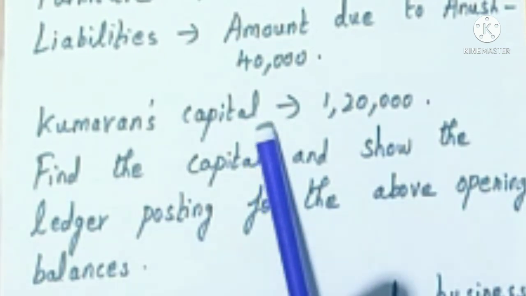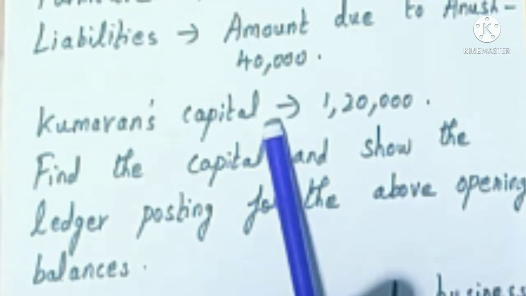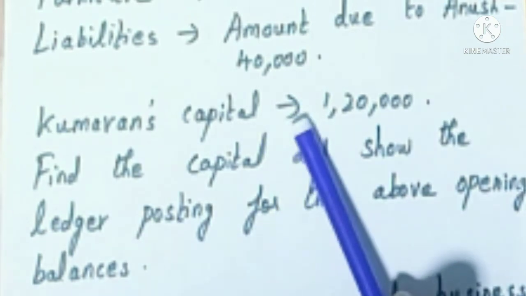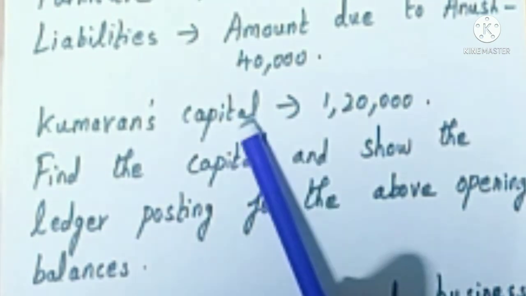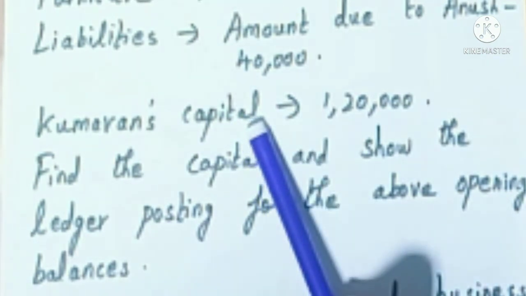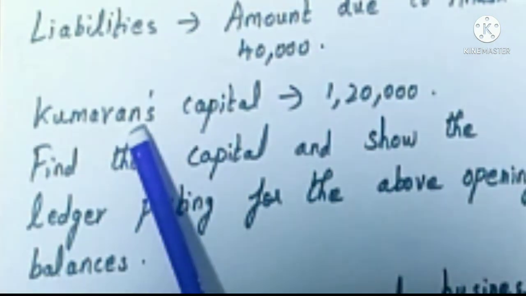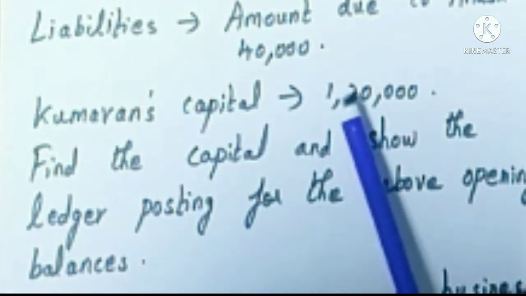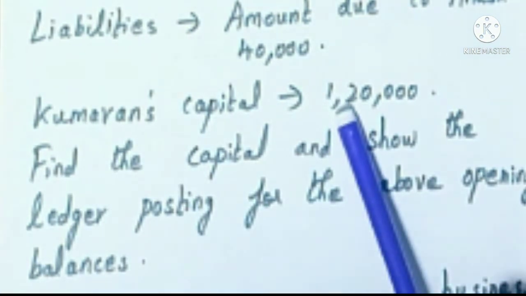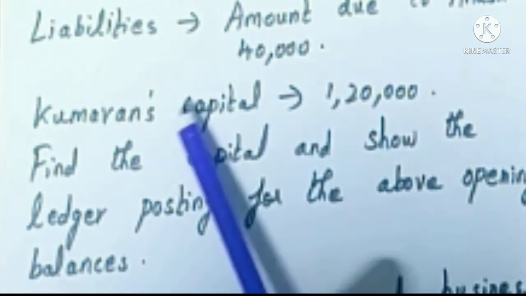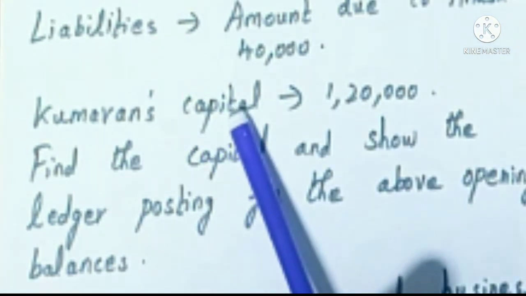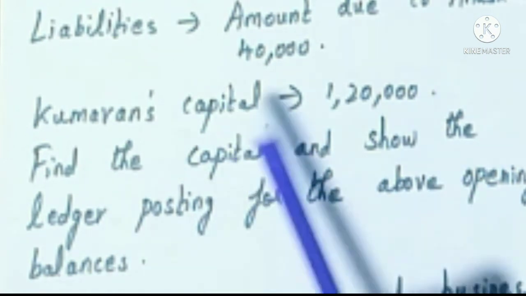This is because of the separate legal entity concept. That means the business and the owner are separate persons. Even if the owner has contributed capital to start the business, he is like an outsider to the business. That means the business owes money to Mr. Kumaran to the extent of 1,20,000 rupees. So increase in liability should be credited. That's why the capital account is credited.